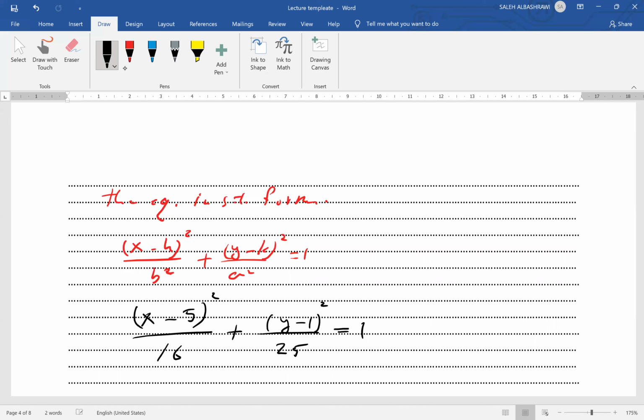All of this is equal to 1. So it is x minus 5 to the power 2 divided by 16 plus y minus 1 to the power 2 divided by 25 equal to 1. And this is the equation in the standard form of this ellipse.